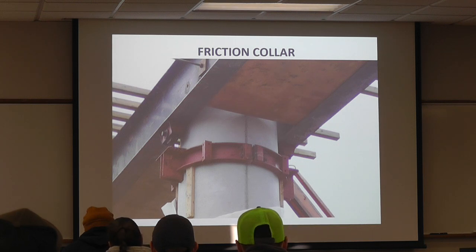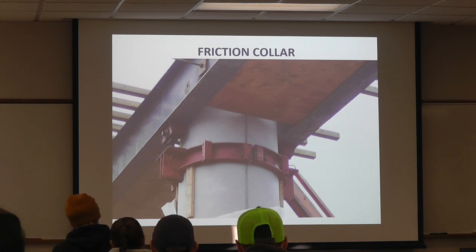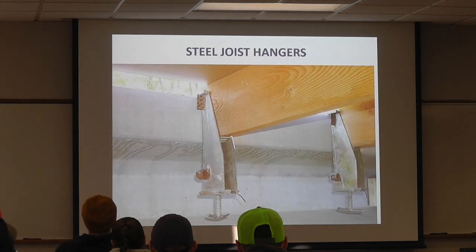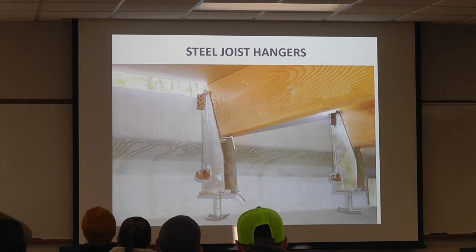Literally, friction means that it's using friction. There's no through bolts going through that, but you tighten it up, and then the friction between the surface of that metal and the concrete is what is holding up the material.